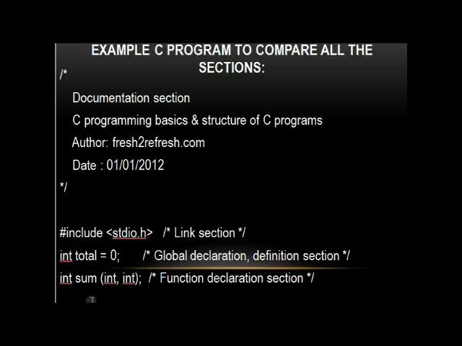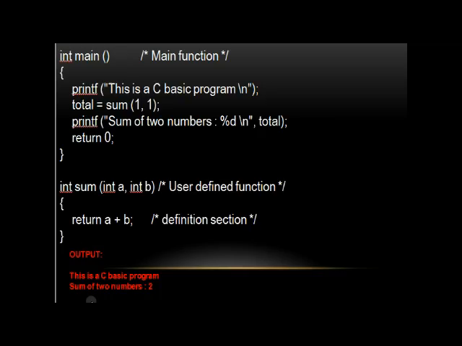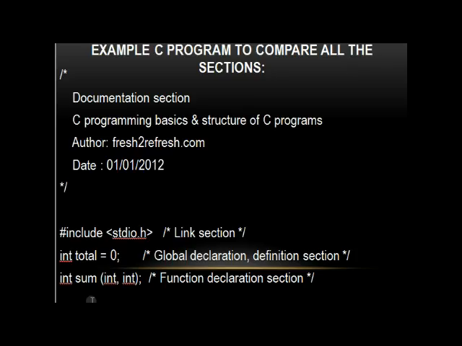So next, the function declaration section. In the function declaration section you're declaring a function. That means it gives information about the function, like the return type and parameter names used inside the function. Here the function name is sum, the return type is integer, and the parameters are integers.